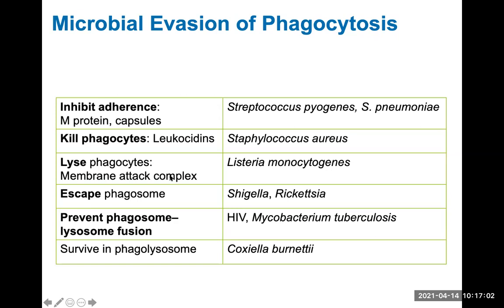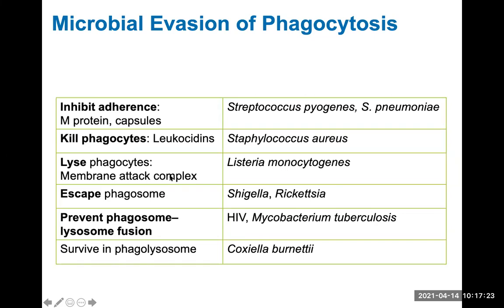Hooray for me. And then we have things like Mycobacterium tuberculosis and HIV virus, right? And they can prevent the lysosome from fusing to the phagosome so it doesn't get digested. And it can just survive.